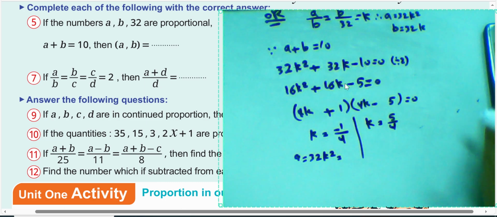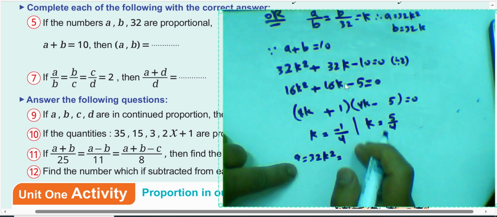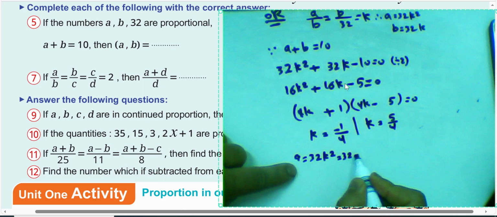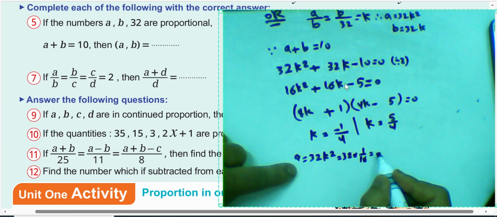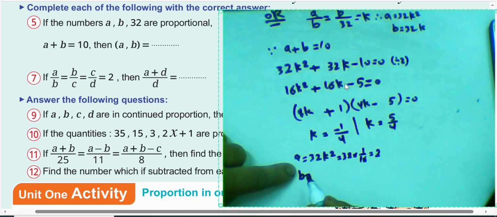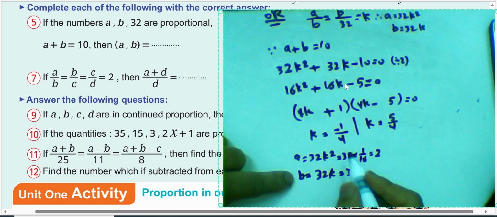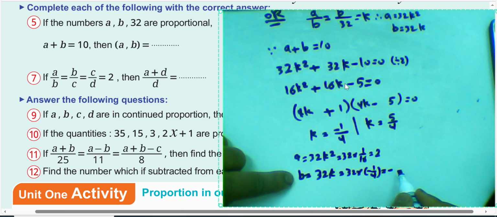A will be 32 times k squared, and 1 over 4 squared is 1 over 16. 32 divided by 16 equals 2, so the value of a will be 2. The value of b equals 32 times k, 32 times negative 1 over 4. The result will be 32 divided by 4 equals 8, so negative 8. Then the order will be 2 and negative 8.